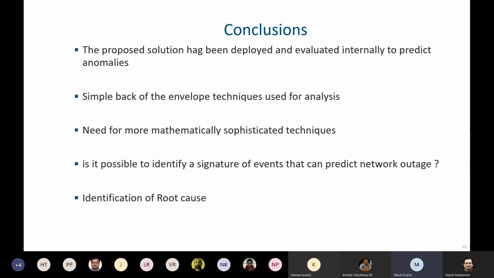The other topic is the identification of the root cause of failures. What I have said till now is about identifying those particular events. But behind that event, there is something else happening within the router or the network that is actually the root cause of the failure. Is it a configuration that caused the issue, or some other protocol interaction?